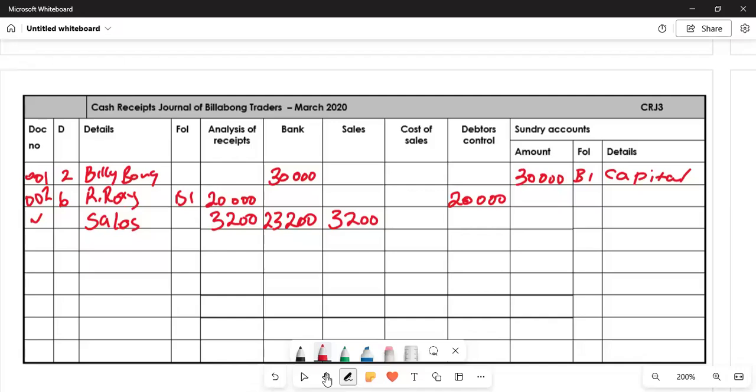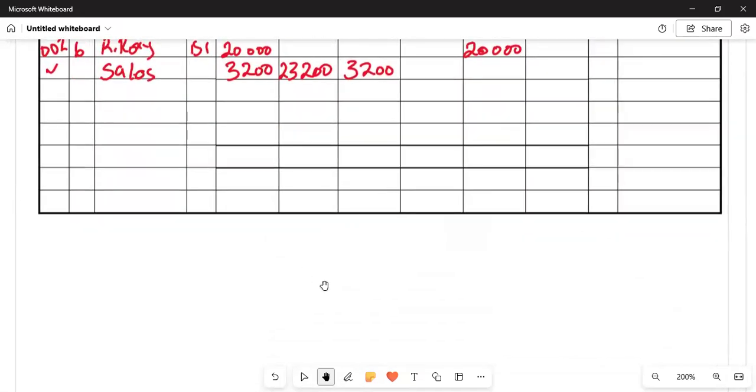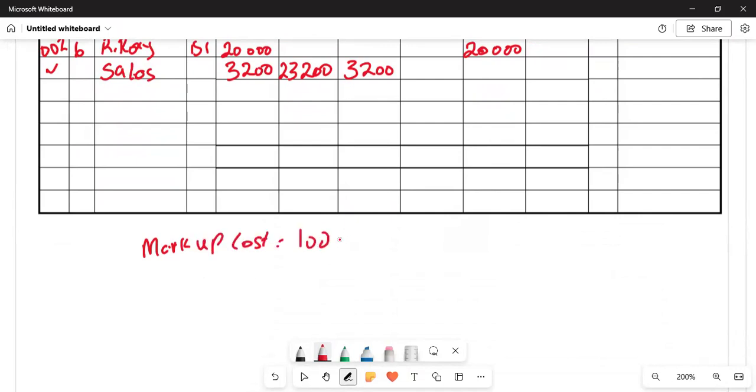We are told that our markup is equal to 100% on cost. This means that the selling price is double the cost. So this means what?